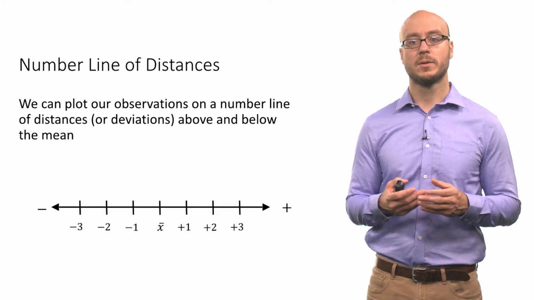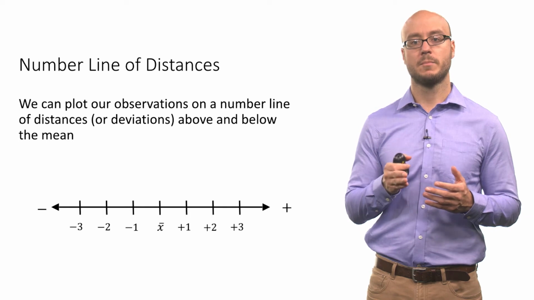So here we have a number line. That middle part of the number line is x bar. That's the mean of our set of observations. And then we can consider our data points as lying above the mean and below the mean. So if an observation is higher than the mean, it's going to be in the positive range. If an observation is lower than the mean, then it's going to be in the negative range.